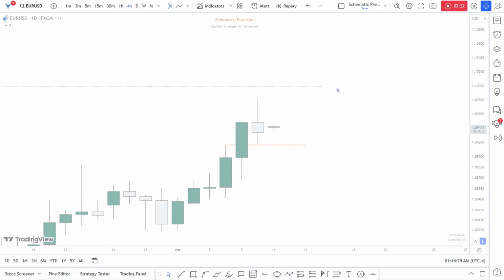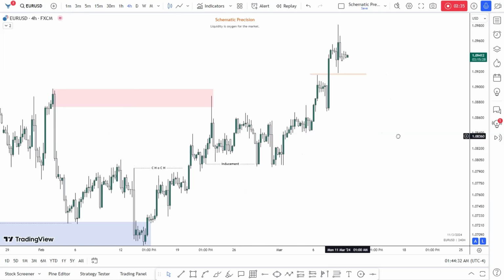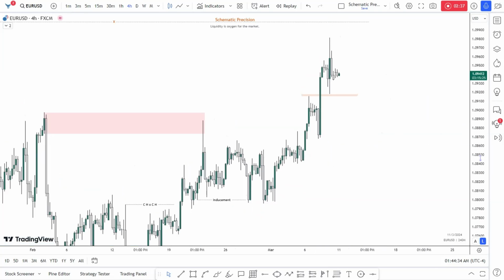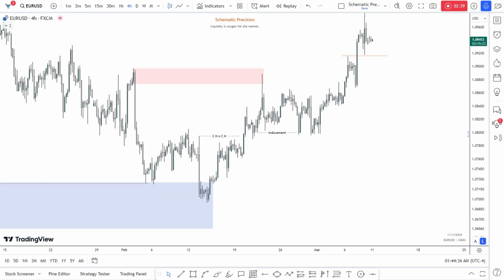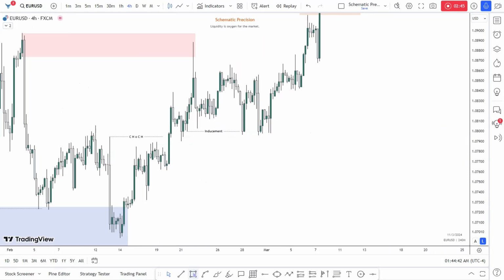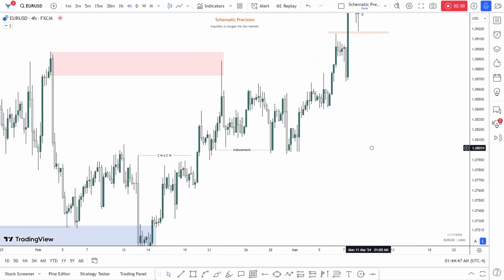Let's jump on to the 4 hour. Okay. So this was the joke I told you about, and here I was expecting market to come down and mitigate this order block, but it didn't happen.